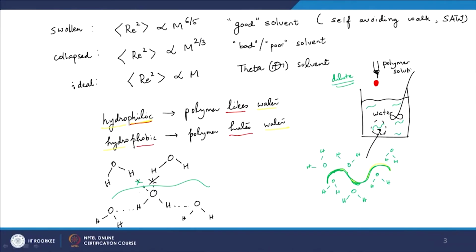Okay. So, let us say the polymer offers to form a hydrogen bond with the water molecule, let us say it has some group, let us say OH, and OH forms a hydrogen bond with O. So, in that situation, the water molecule has given up a hydrogen bond with another water molecule, but now it has formed a new hydrogen bond with the polymer chain.